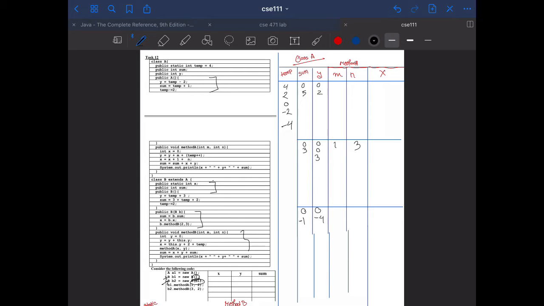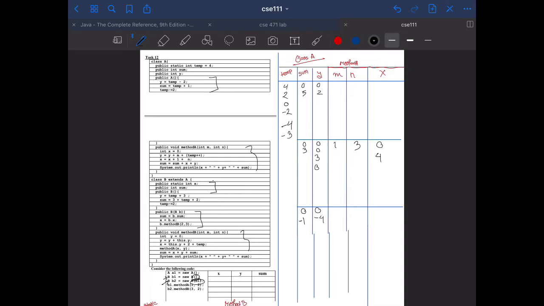Which would take us here, and here we have x equals 0, y equals y, which is 3, plus m, plus 1, that's 4, and minus 4, that would be 0, so y is 0 now. We decrease temp by 1. x equals 0 plus 1 plus n, so x becomes 4.